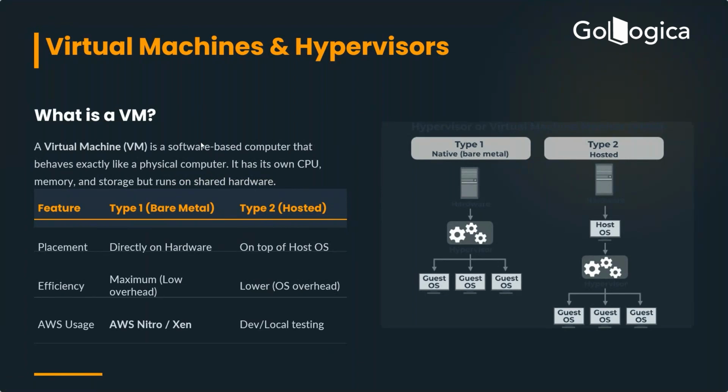When we say shared hardware, that means the underlying resource on which the virtual machine is running is a physical hardware machine, located in those data centers that we discussed in our first session.